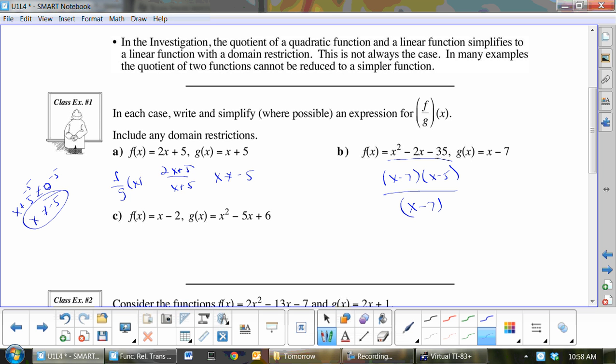This crosses out. The answer is x plus 5. And what am I missing? X cannot equal 7.